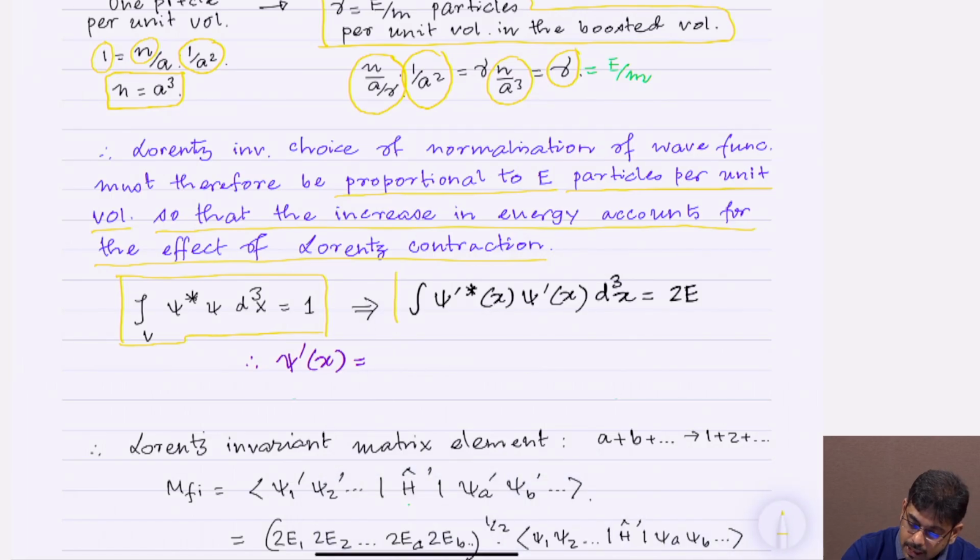This factor of E was apparent from this expression, because it was a factor of gamma which is coming, but why this factor is 2E, we will come to that in a moment.